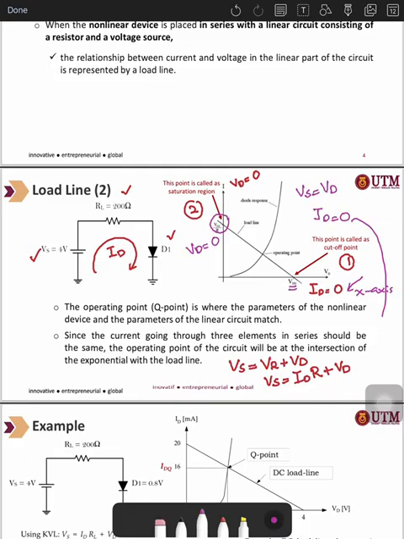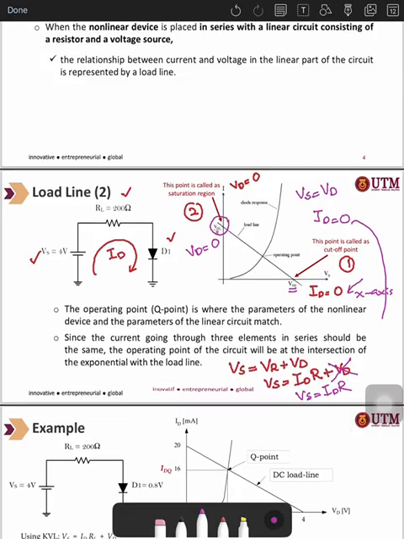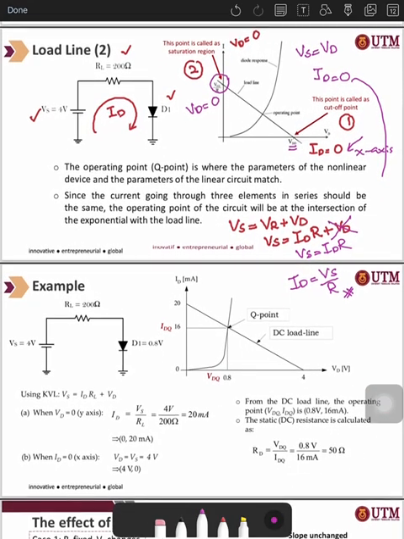When your VD is 0, your VS is equal to ID R. To find ID, it is VS over R. So at the saturation region, ID is equal to VS over R, where VS is actually the VDD.